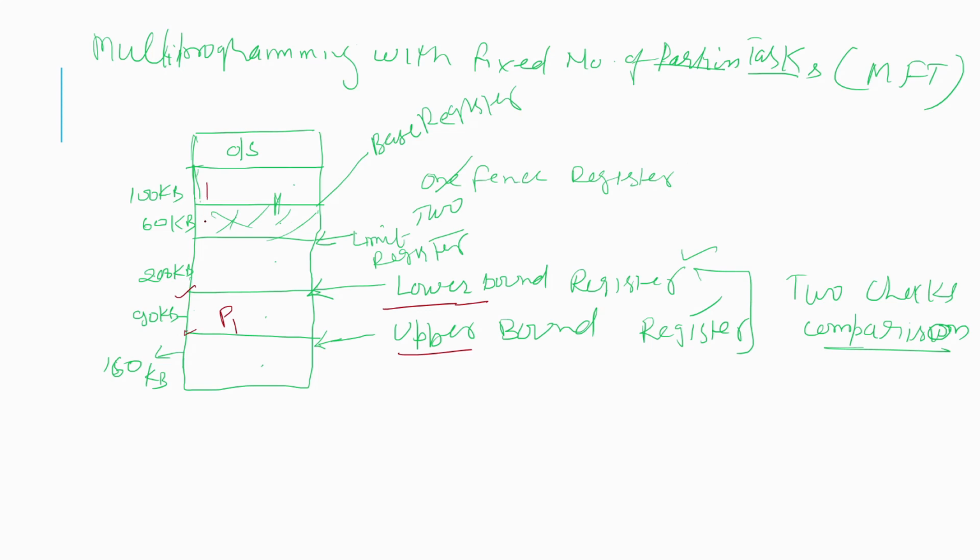If I say first partition, second, third, fourth and fifth, and I am going to put my program into the fourth partition, then I know the starting address, the end address, which is the limit, and the base register. So this comparison will be done. If the address falls in that range, it will be treated as a valid address.